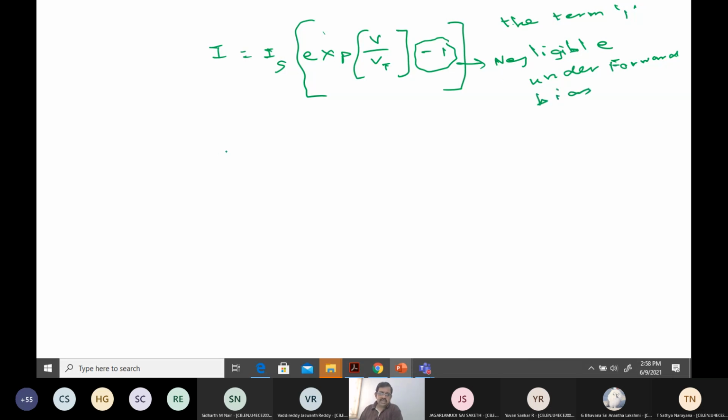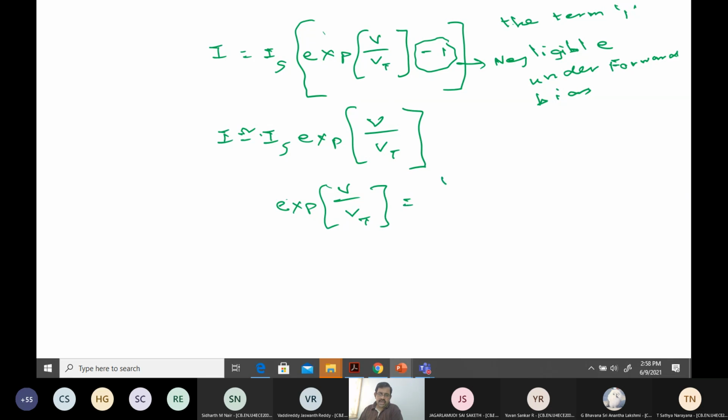So I can neglect that term. I will be nearly equal to Is exponential of V by Vt, and then I can take the exponential of V by Vt equal to I by Is.